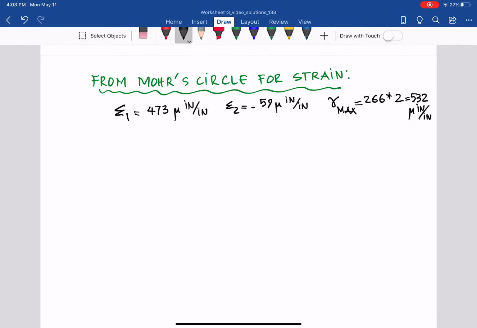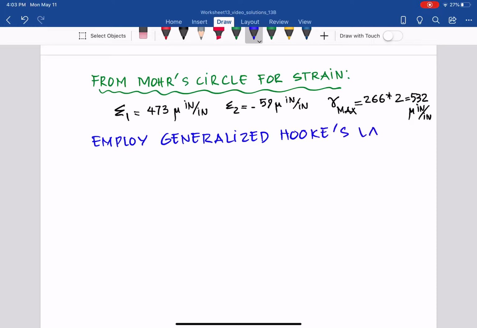Then we apply the generalized Hooke's law. So we can employ the generalized Hooke's law to find out the principal stresses and maximum in-plane shear stresses.